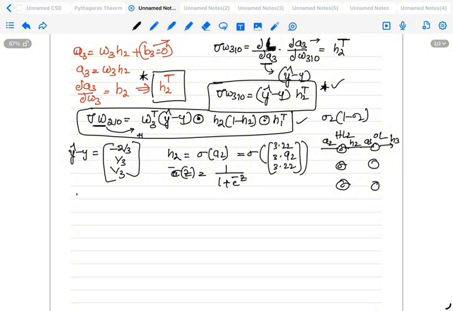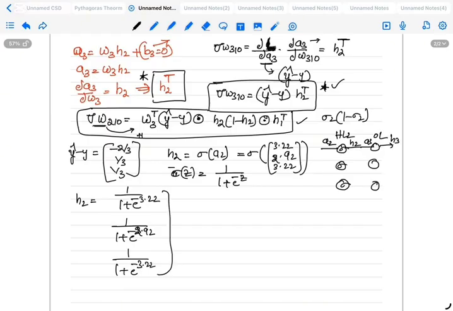H2 equals 1 by 1 plus e power minus 3.22, 1 by 1 plus e power minus 2.92, 1 by 1 plus e power minus 3.22. That is approximately 0.96, 0.94, 0.96. These values.